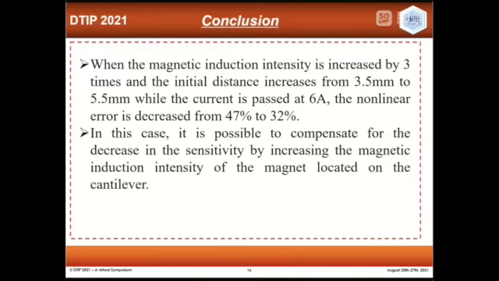In combination with the above scheme, the nonlinear error can be reduced while the sensor maintains good sensitivity. The scheme is not only applicable for the DC environment, but also has implications for the nonlinear problems of AC environment and other variable structures.